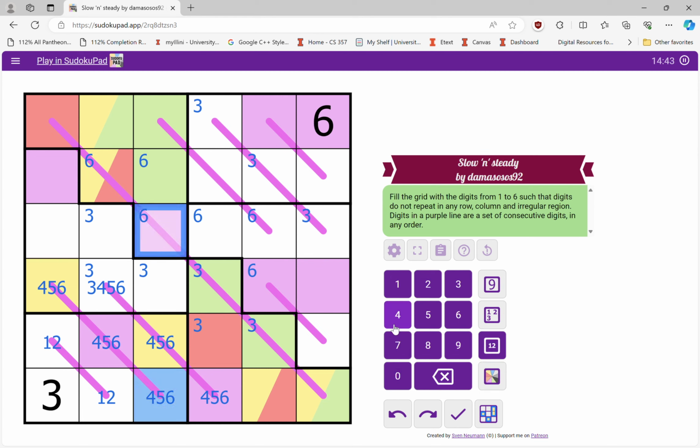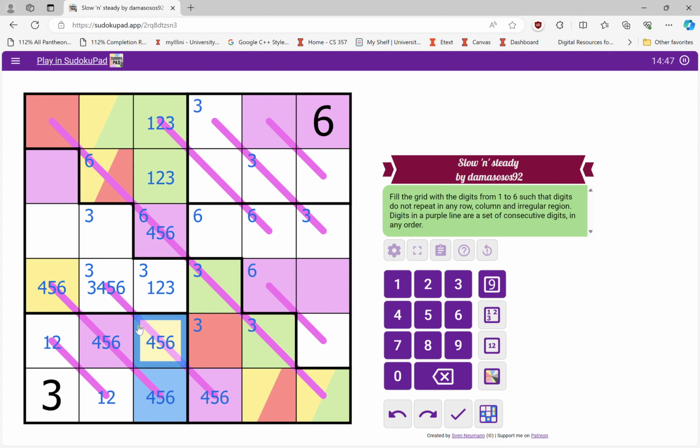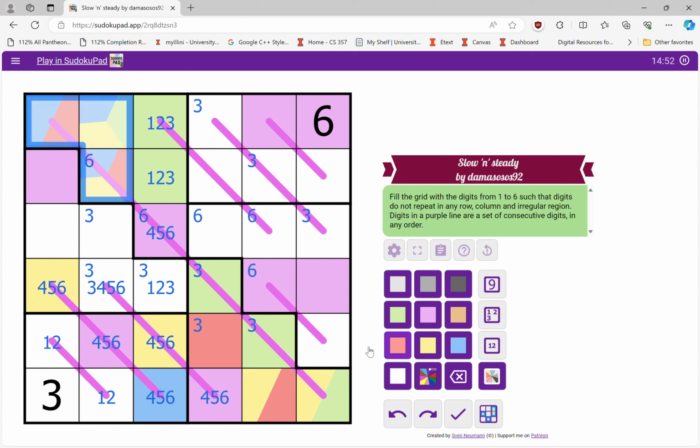Well, this one here also has to be 4, 5, and 6, actually, so I can just mark 1, 2, 3 in these. That means the blue one also has to appear in one of these 3, and in one of these 3.